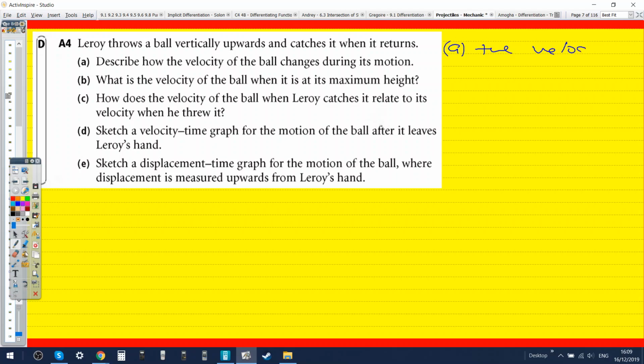And when it stops, what is its velocity? It'll be 0. Yes, its velocity at the top will be 0. How about C?